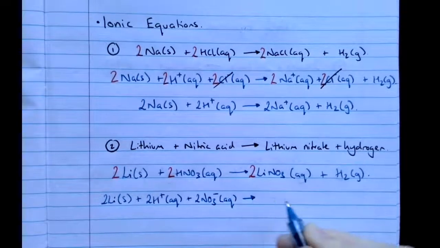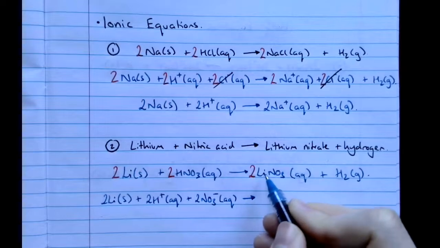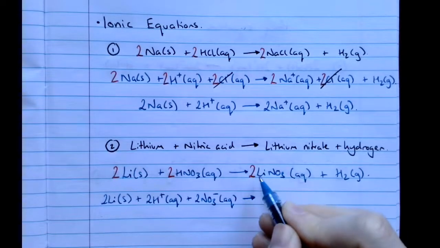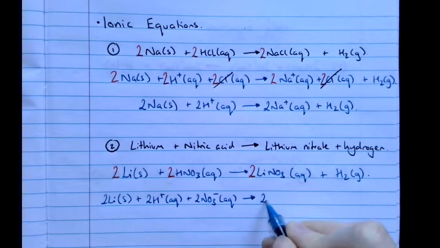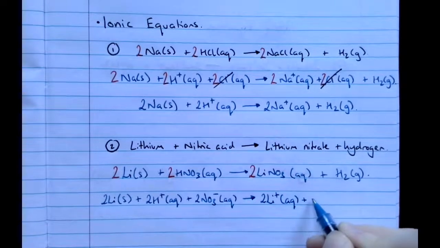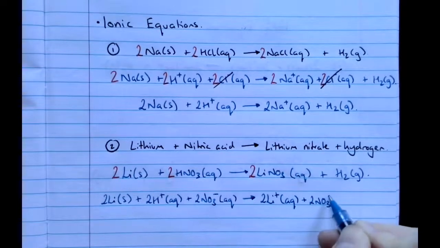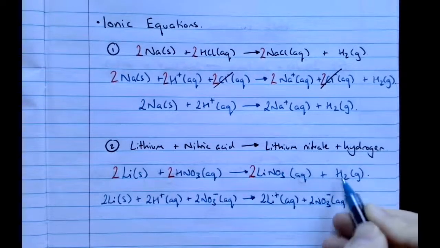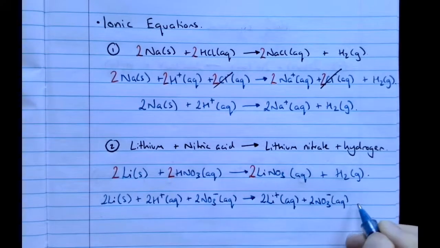And the same here. Each lithium nitrate will give me 1 lithium ion, but I've got 2 of those. It's going to be 2Li plus 2NO3 minus. And my hydrogen is covalent and it's a gas, so it doesn't separate. So I get H2 gas.